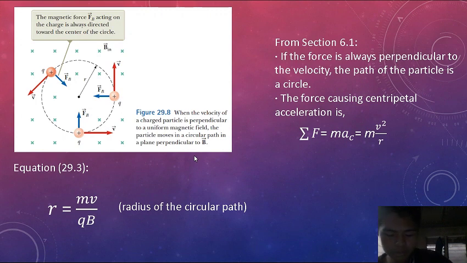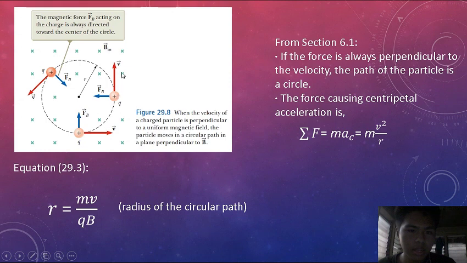Since we found that the magnetic force acting on the charged particle moving in a magnetic field is perpendicular to velocity and the magnetic field, the work done by the magnetic force on the particle is zero.